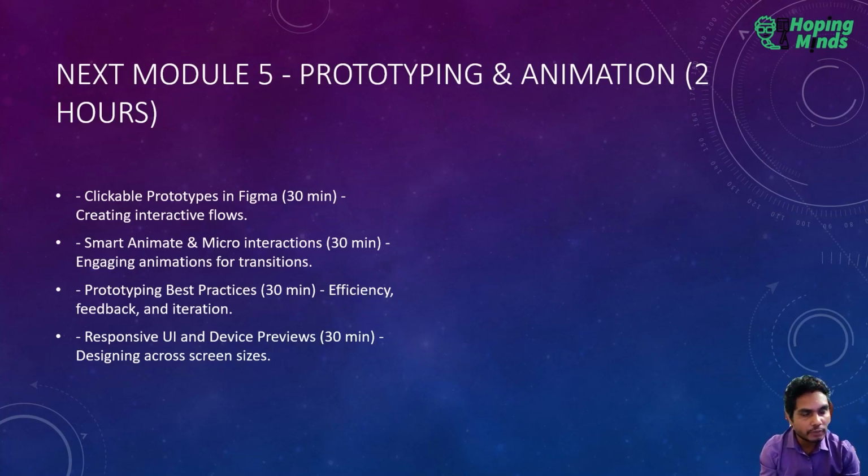We'll learn a little bit of micro interaction, engaging animation, and prototyping best practices, how to present your prototype and take feedback and iteration. We will learn design tokens and responsive UI with 2-3 screens. We will get the web and mobile together, and we'll see how it works in terms of responsive design. So I hope to see you in the next class.